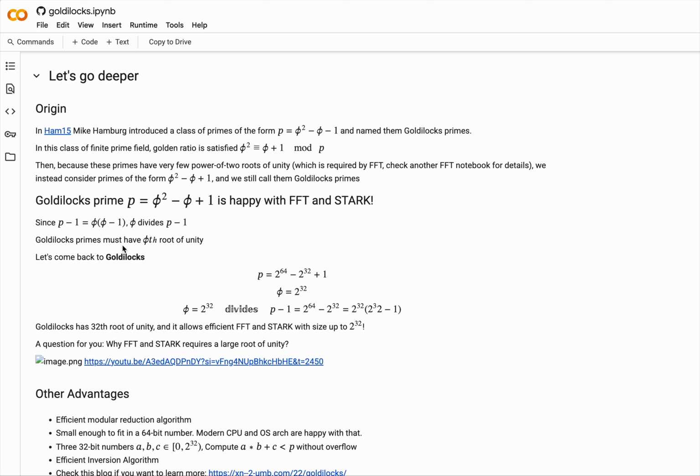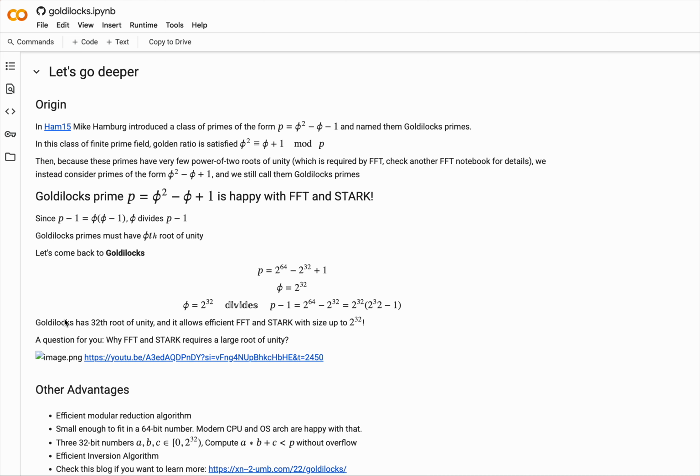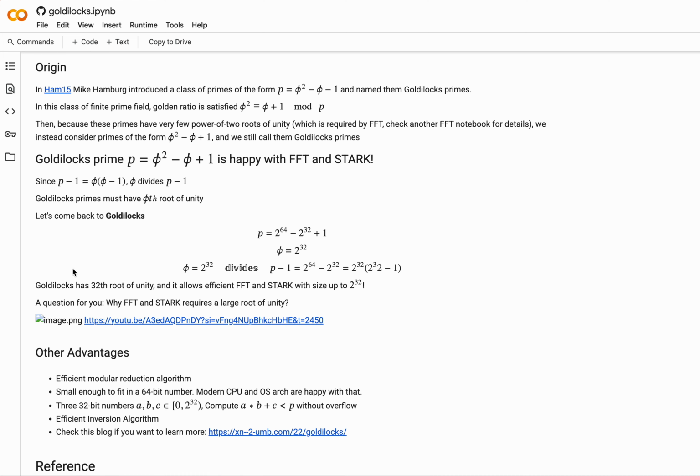Because Goldilocks has 2 to the 32 roots of unity, and it allows efficient FFT algorithms and STARK with size up to 2 to the 32. And 2 to the 32 is a very large number, so Goldilocks is a good choice in zero knowledge proofs.